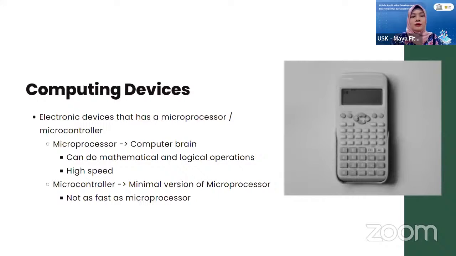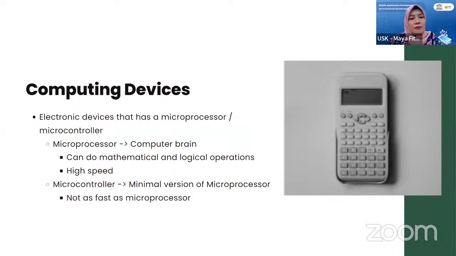Okay, we will start with the basic ideas. What are computing devices? Computing devices are electronic devices that have microprocessors or microcontrollers in them. A microprocessor is a special component that can do mathematical and logical operations at high speed.